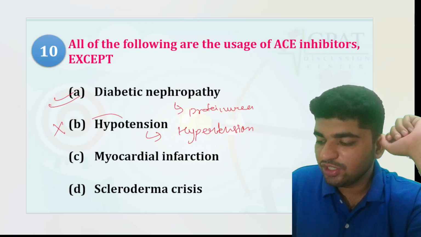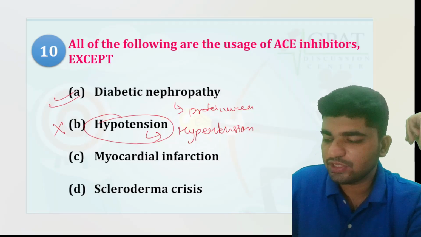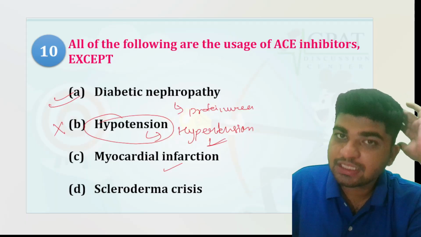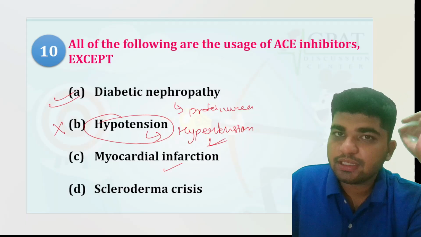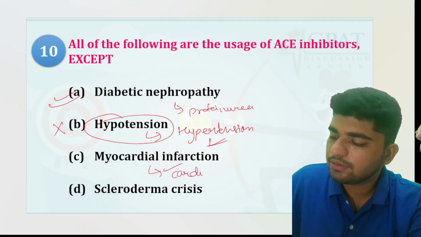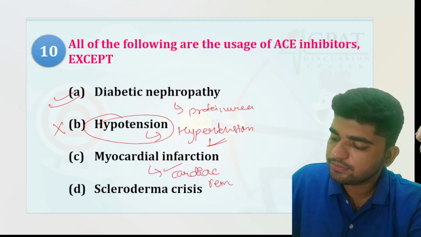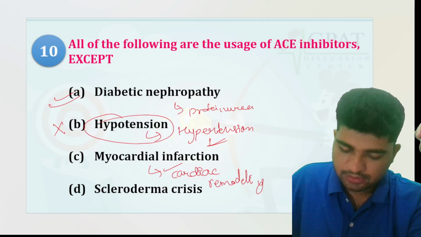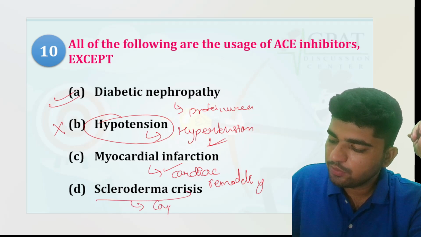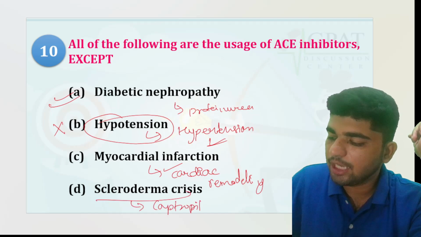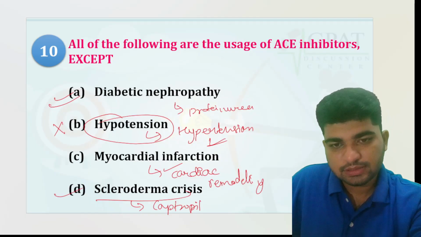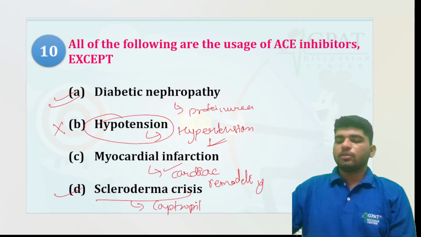In myocardial infarction and CHF, cardiac heart failure, it is used because it prevents cardiac remodeling. In scleroderma crisis, specifically captopril, just write in your notes that captopril is generally the safest drug for scleroderma crisis. So hypertension will not be the answer here.